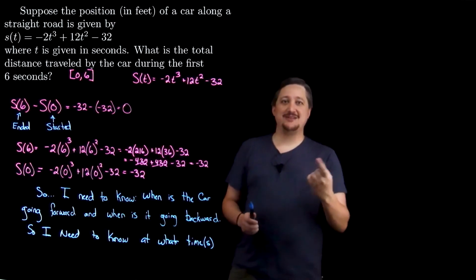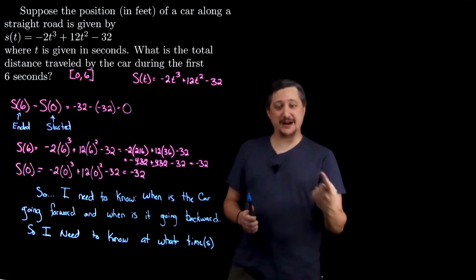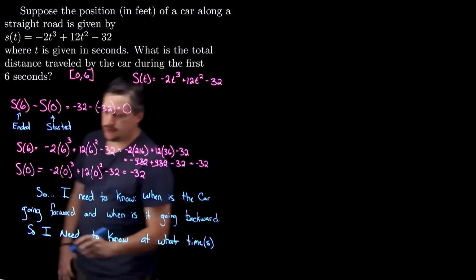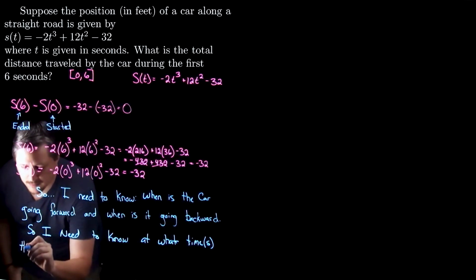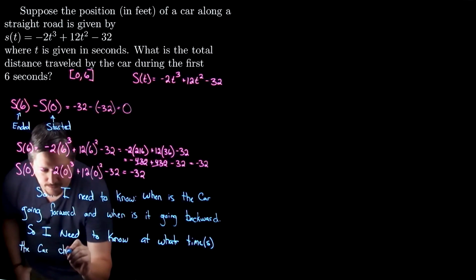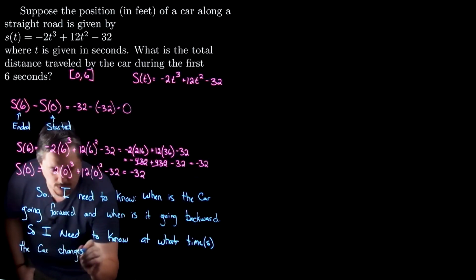So to some extent, it's possible the car keeps going back and forth. So I need to know what time or times the car changes direction.